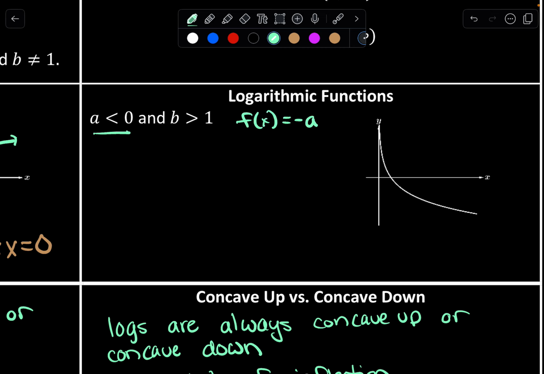So when a is less than 0, it's going to give us a vertical reflection, okay? So it's going to reflect over the x-axis. So thinking about your transformations from unit 1. So now our function is decreasing and it's concave up. And we still have that vertical asymptote at x equals 0.